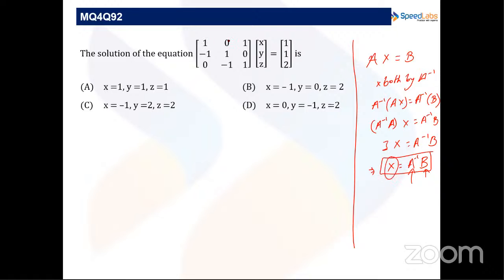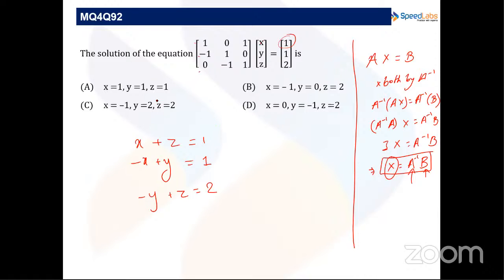Or what you can do is, you can write the equations directly. So the equations will be x plus z equals to 1, minus x plus y plus 0 into z is equals to 1, and minus y plus z equals to 2. And easily you can see which options are satisfying it.